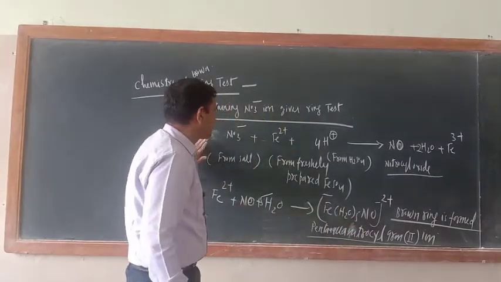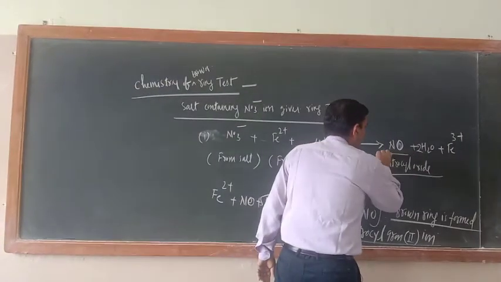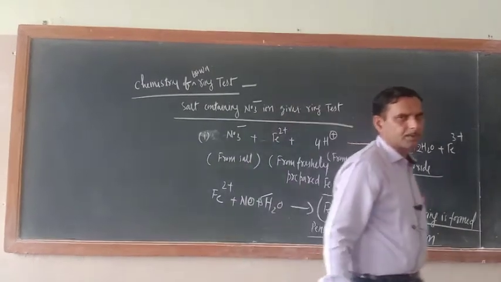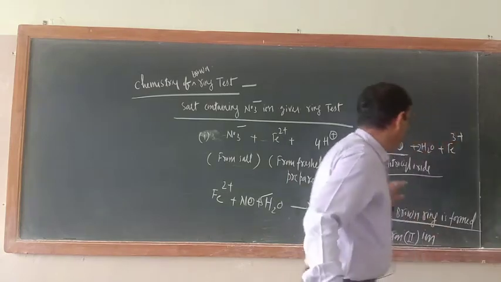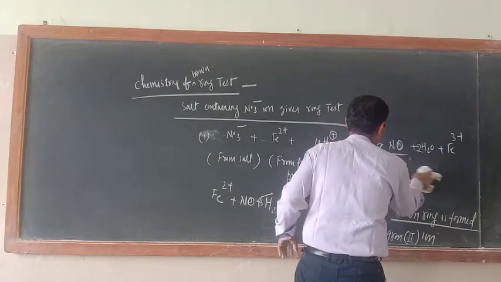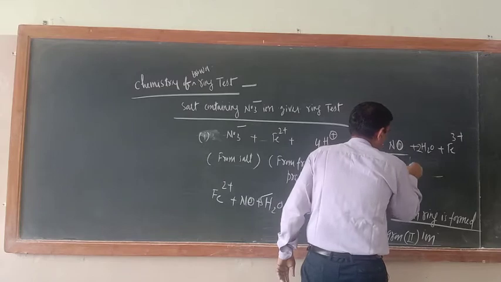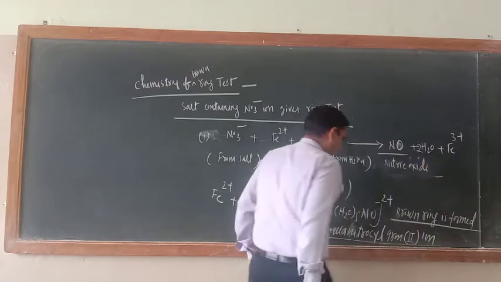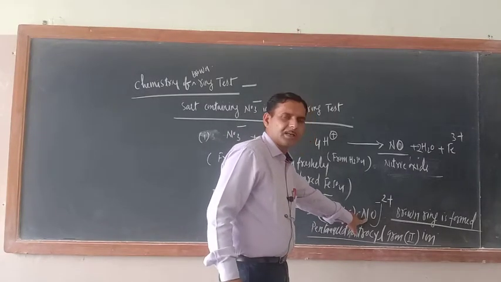Okay, so this is the chemistry of the ring test. Here who is playing the important role? NO is playing the important role. Dear cadets, just see, it is better not to write nitrosyl oxide, this is nitric oxide. When it forms a coordination compound, it becomes nitrosyl.